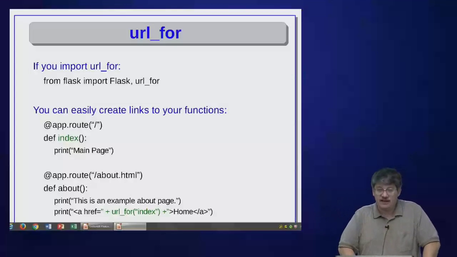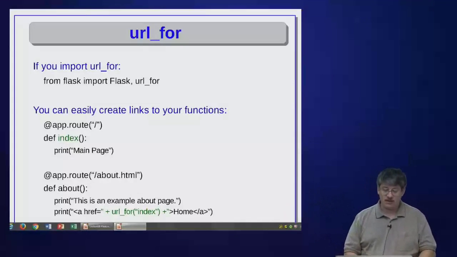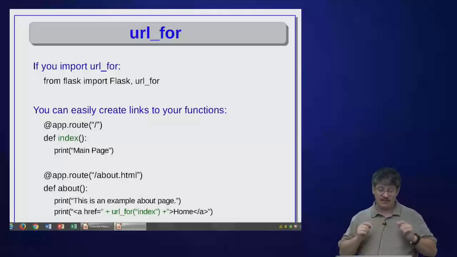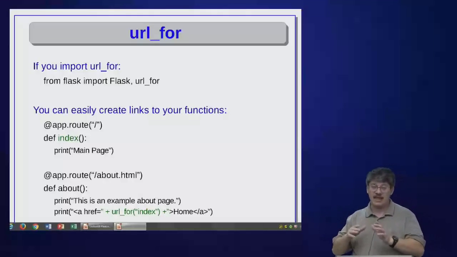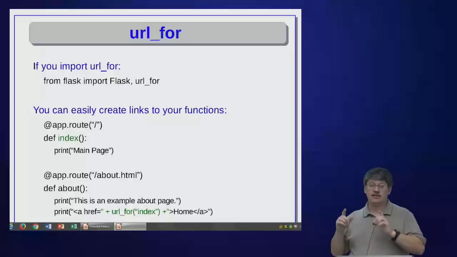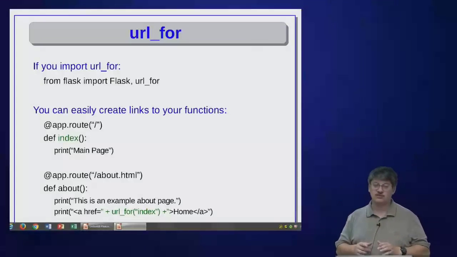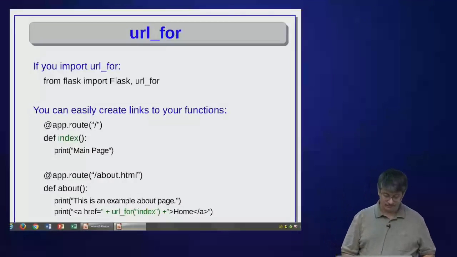But I can then define a new route @app.route /about.html that will trigger the about function. The about function will print the words, this is an example about page, and then it will print a link with a href, but it's going to set the URL of that link to be the URL associated with the index function. The URL associated with the index function is the /, the root page, and so it'll actually insert a / for you here. We're going to use that a lot.